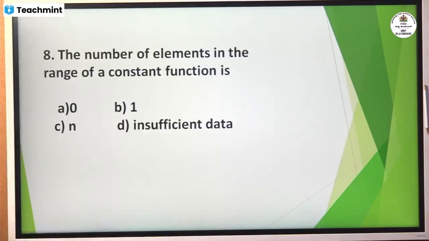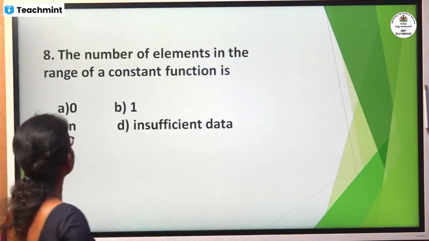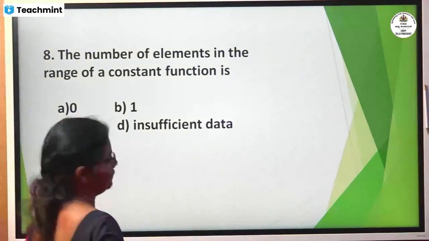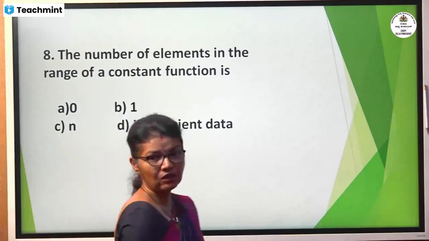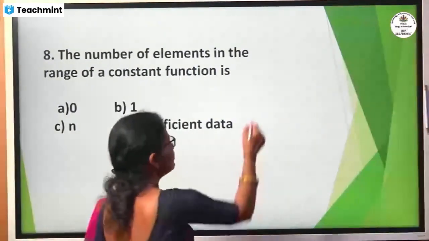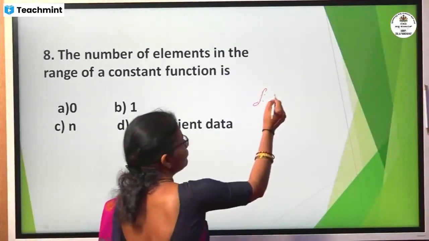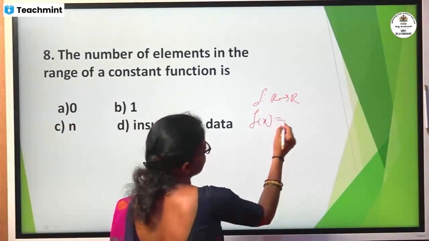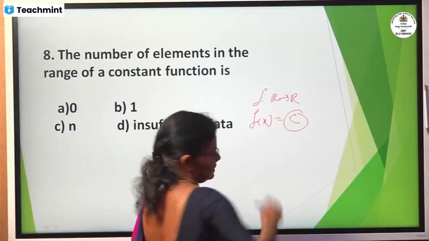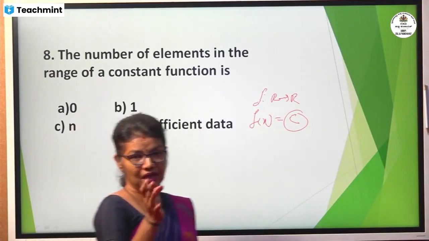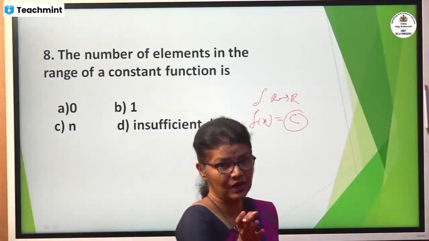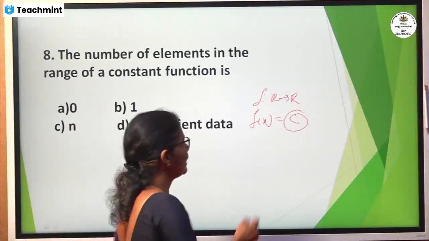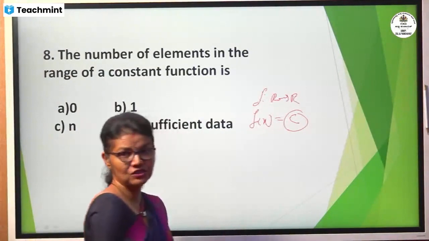Next question. The number of elements in the range of a constant function. First, we'll recall what a constant function is. A real valued function f from R to R, defined by f of x is equal to c, where c is a constant, right? Whatever the value of x belonging to R, the function value is c.